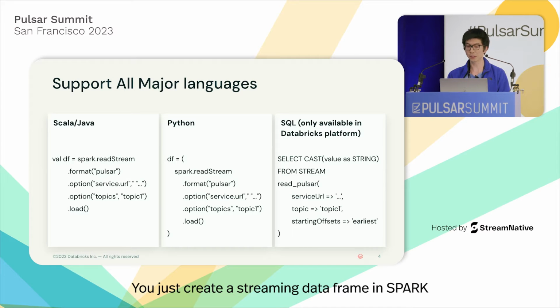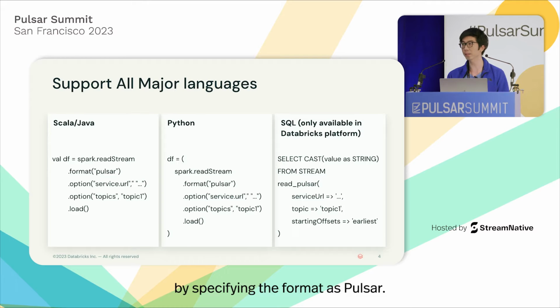You just create a streaming data frame in Spark by specifying the format as Pulsar, and the only two required options are the service URL and the topics. The syntax is quite simple in Scala and Python, which makes it even simpler to use.